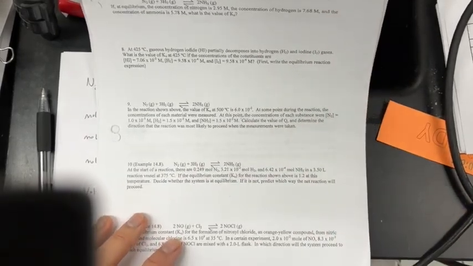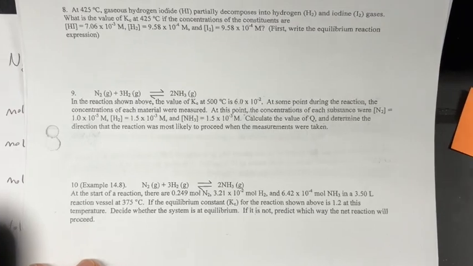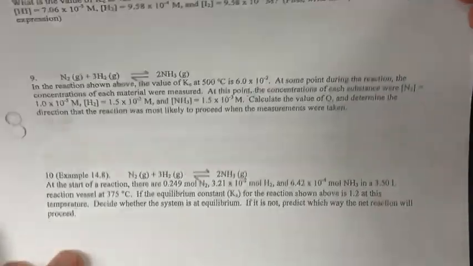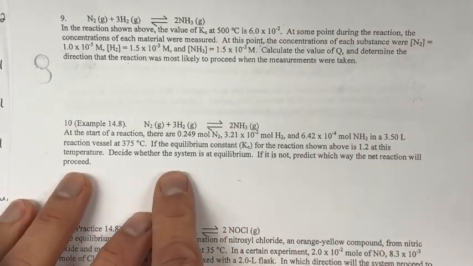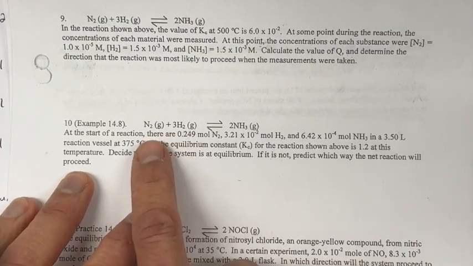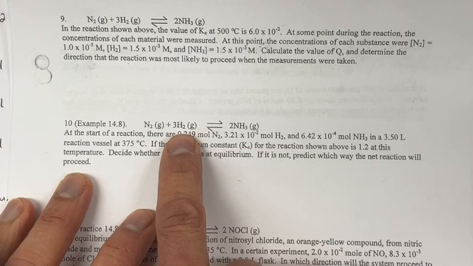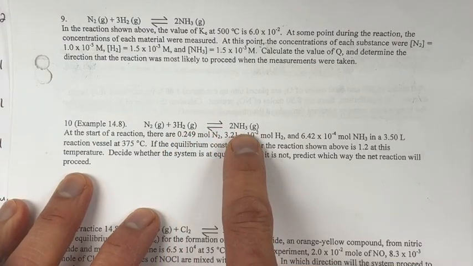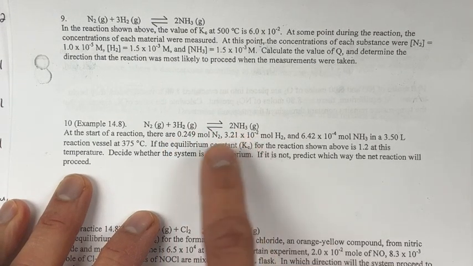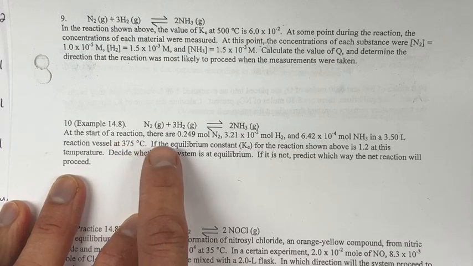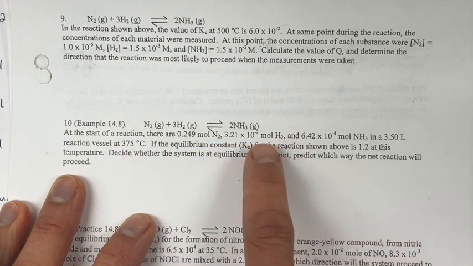So the homework is going to be dealing with looking at Q and K, and I'm going to look at this question here. So this is an equilibrium, has N2 reacting with H2 and forming ammonia, NH3. And it says at the start of the reaction, there's a certain number of moles of each thing.